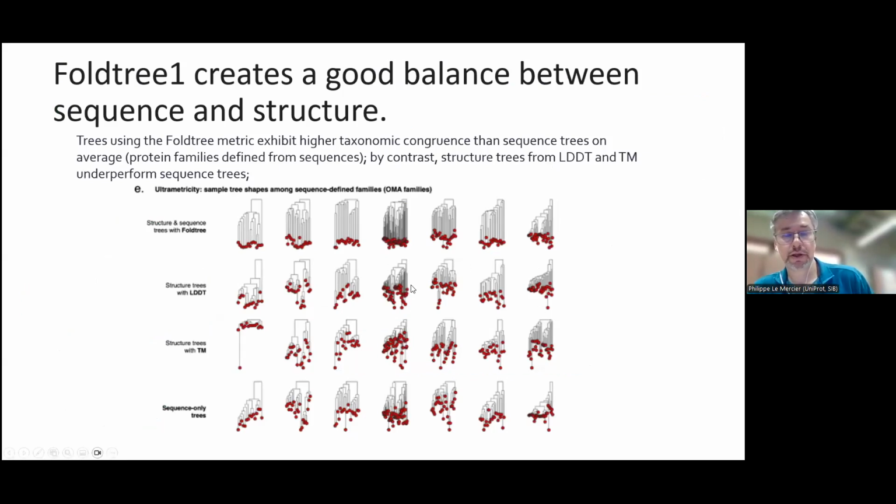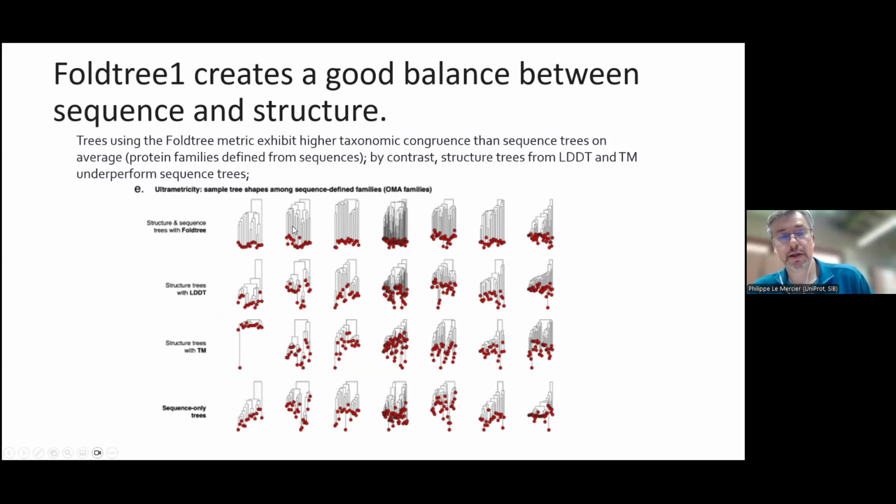So actually, in pretty much all the tests they made on many cellular proteins they're working on, FoldTree gives the best tree. You see the sequence-only tree and the structure tree made in different ways. And in every aspect, they're using a lot of benchmarks of trees, very advanced benchmarks, and the combination of the two gives the best result.